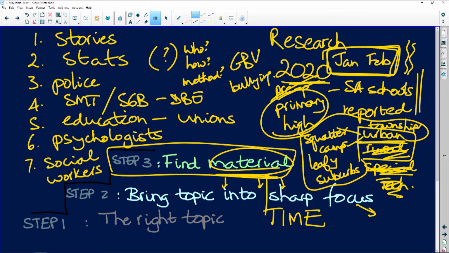After this one, and you've spent time on it, now, what do I think generally happens? I think my students skip step 2 altogether. They will give me their outline. In the old normal, we would get into groups, and students would say to each other, well, look, this is the topic I thought of doing, but actually, I haven't even got it into sharp focus, and I haven't even done any research.